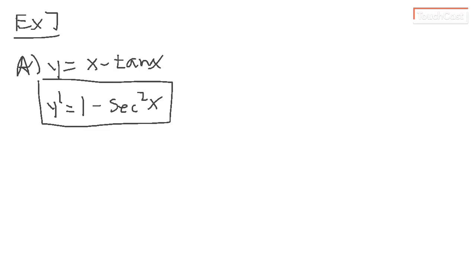Let's also look at another one in this example 7. We'll have y equals x times the secant of x. So that's a product rule, which we've learned about in this lesson. We write that as the first times the derivative of the second.